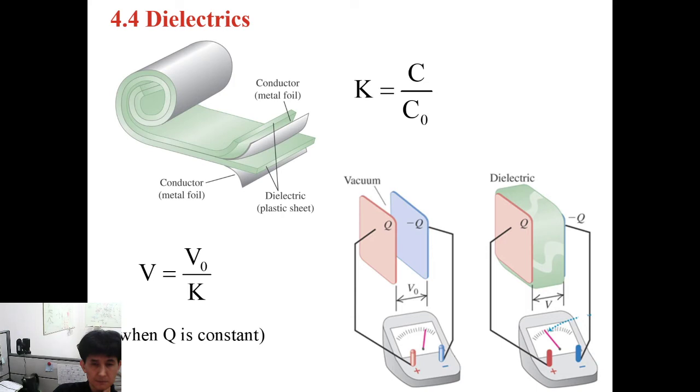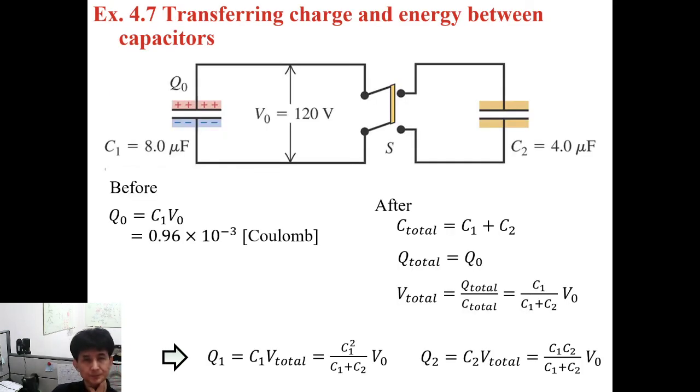Right, there are some topics. If there is a capacitor charged with Q0 for a given capacitance C1, 8 microfarad, by applying voltage 112 volt, because C is Q over V, Q is C times V0, so 8.0 microfarad times 112 volt gives how much charge in coulomb is stored in the system.